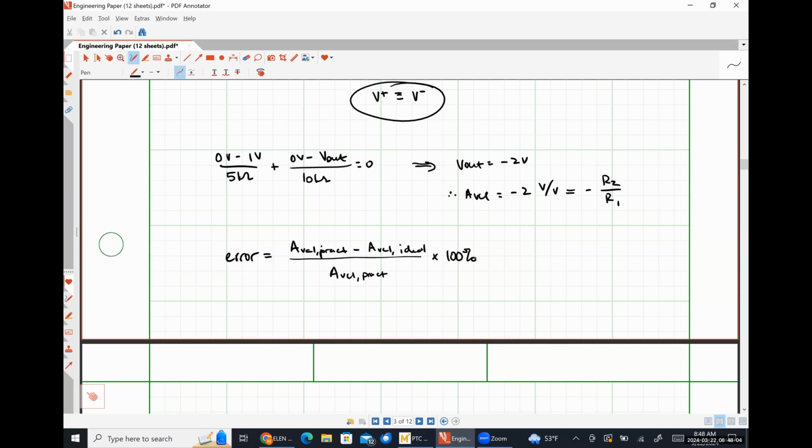I'm doing this part from memory. So technically it might be supposed to be ideal minus practical. It'll just change the sign. The magnitude is really what I'm interested in for the error anyway. So I'll just put absolute values around these and we'll call it a day.